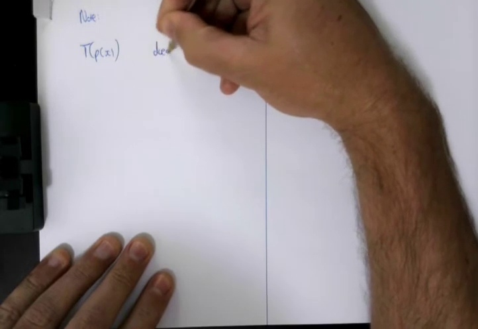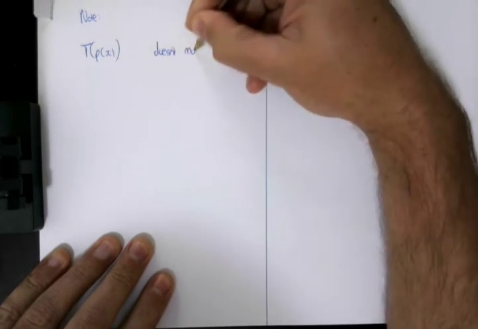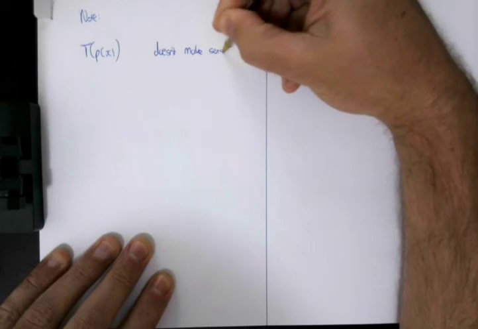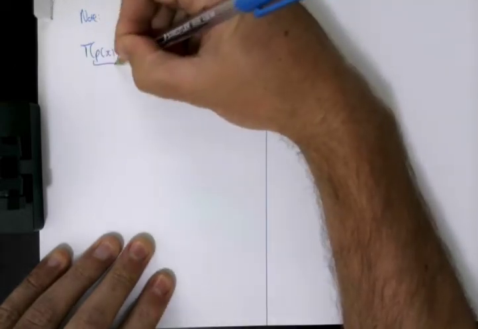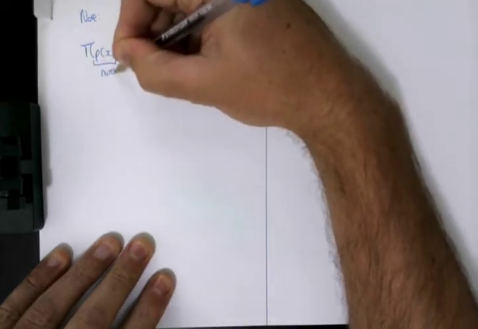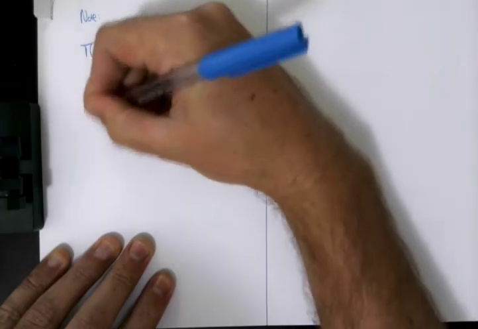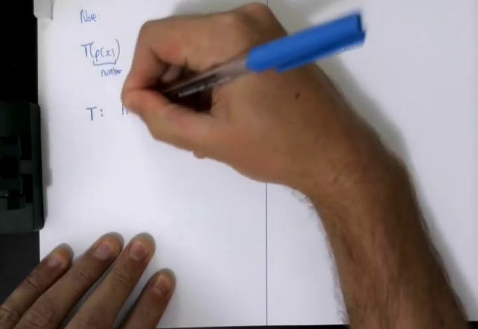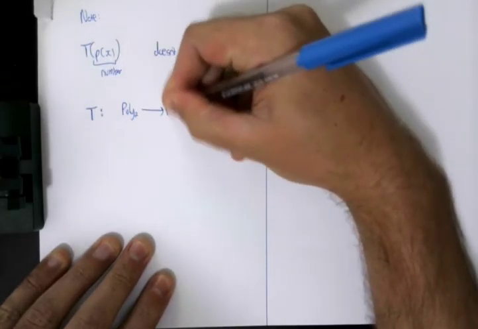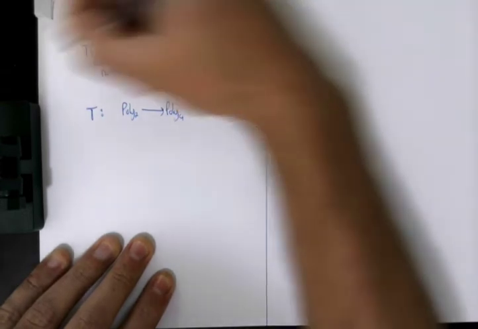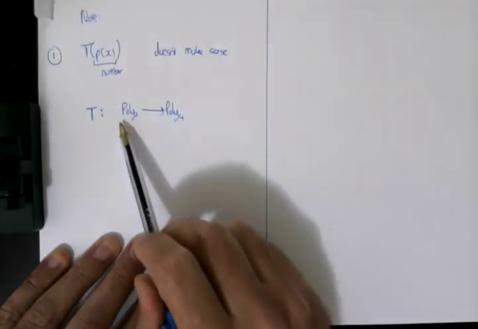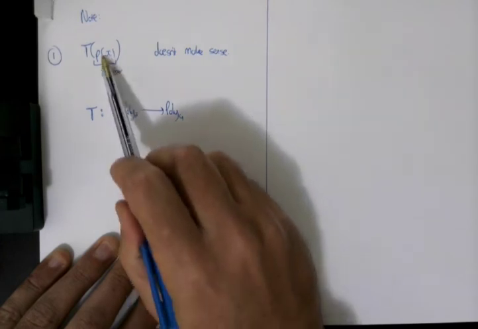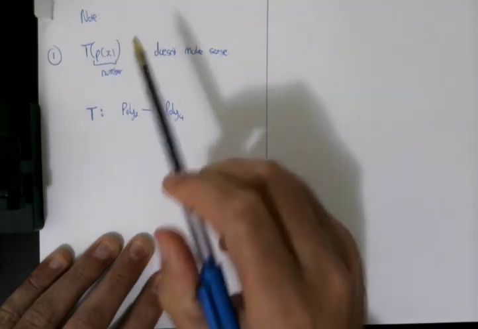That doesn't make sense, because p of x is a number, and T is a map from poly 2 to poly 4, so it doesn't accept numbers. You can't give T a number. It has to take a polynomial as input. It has to take a function as input.